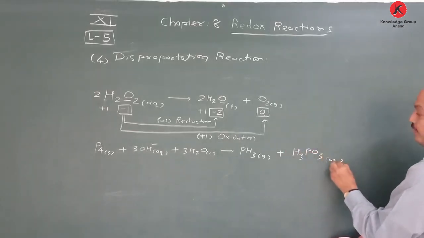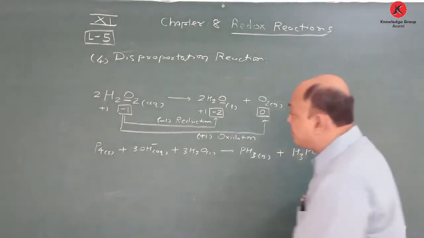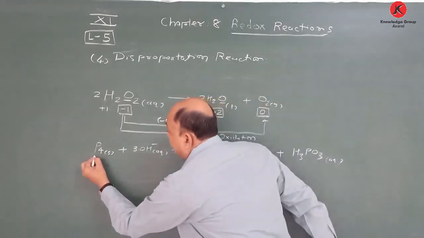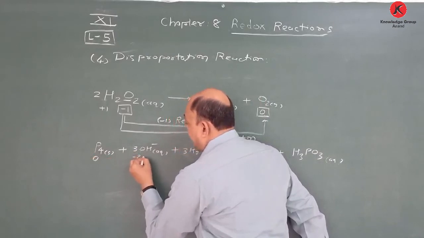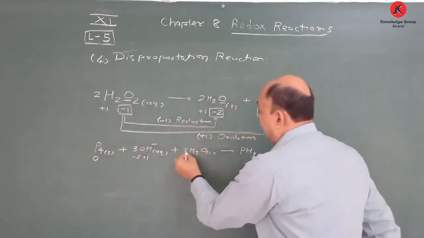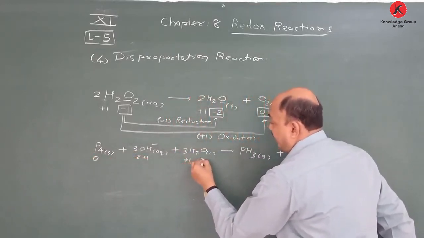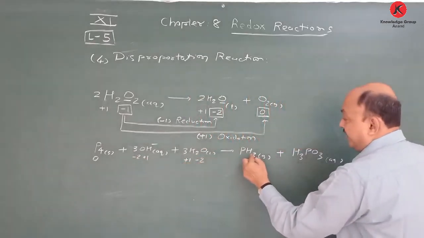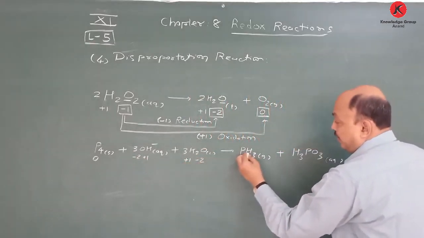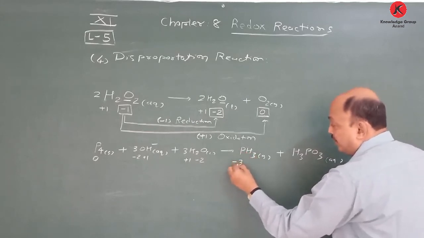So first of all, write down the oxidation number of P4, that is 0. Oxygen minus 2, hydrogen plus 1. Here H2O: hydrogen plus 1, oxygen minus 2. Here in PH3, hydrogen is plus 1, so phosphorus is minus 3.